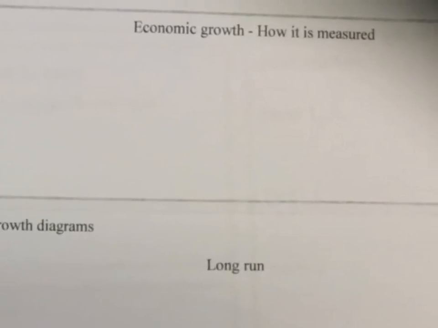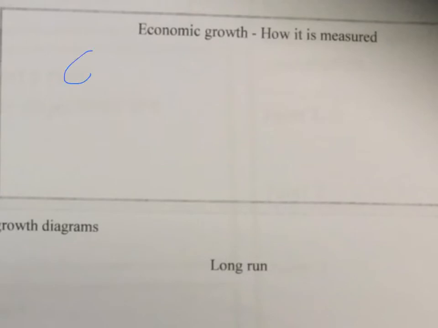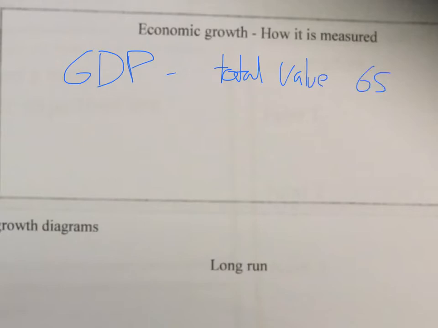Right, economic growth, how is it measured? It's measured by GDP, which is the gross domestic product. And this is basically the total value, and that's the key word, of goods and services produced in a country in a year.